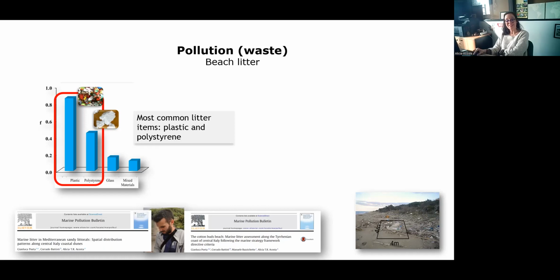Many people answer plastic bottles, cups, but instead, the most frequent plastic item was cotton bags. In fact, the title of one of Gianluca's papers was The Cotton Bag's Beach.